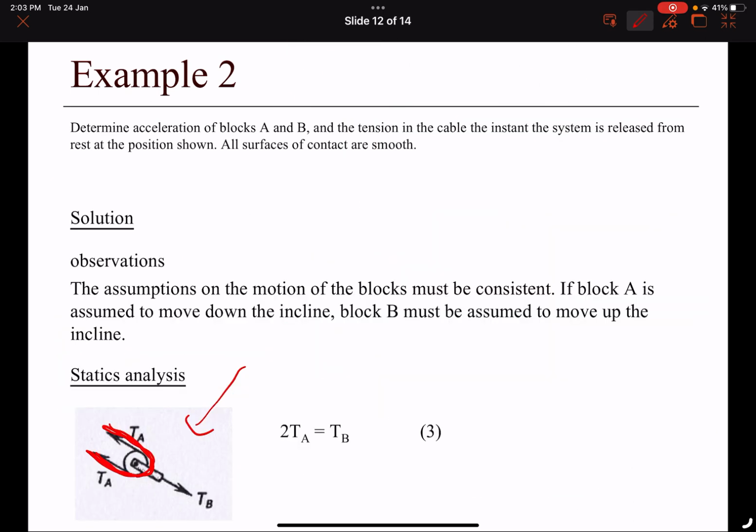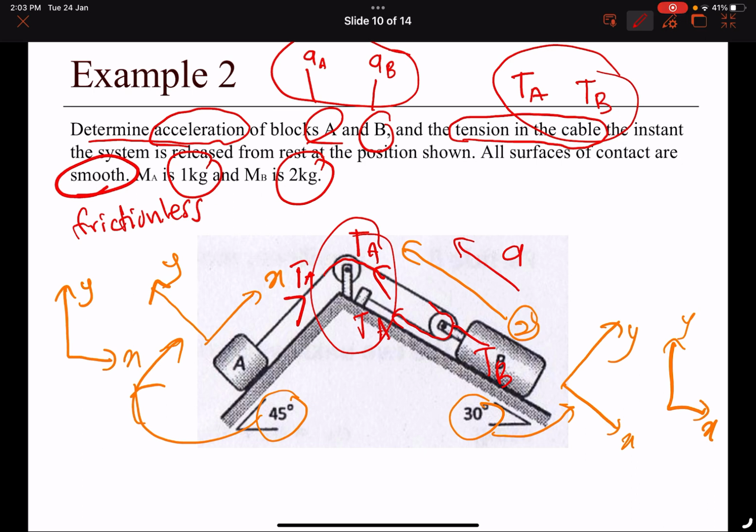So why TB there? We assume that this is a tension as well. This one is tension, even though it's not a cable, but somehow we have the reaction of action. You have to remember reaction and action.